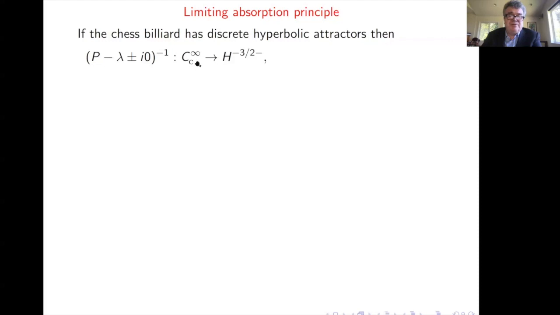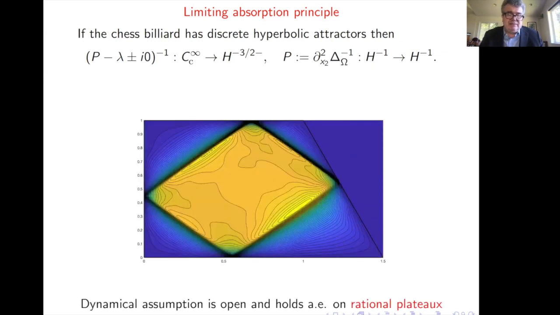This maps C infinity with compact support inside omega to H^(-3/2-). And here is the operator P again. The Hilbert space on which one works is actually H^(-1). And as I said, the dynamical assumption is open.